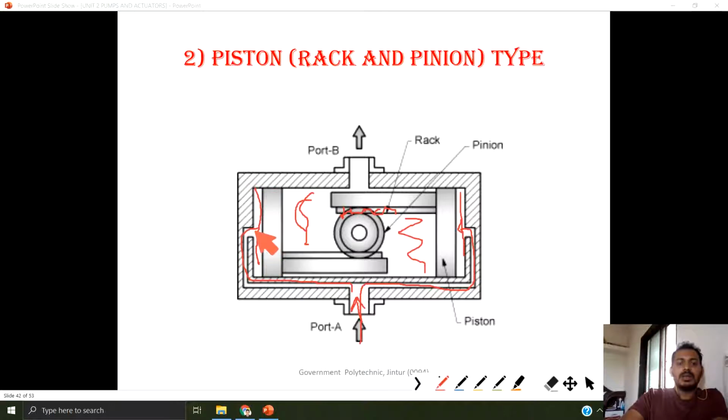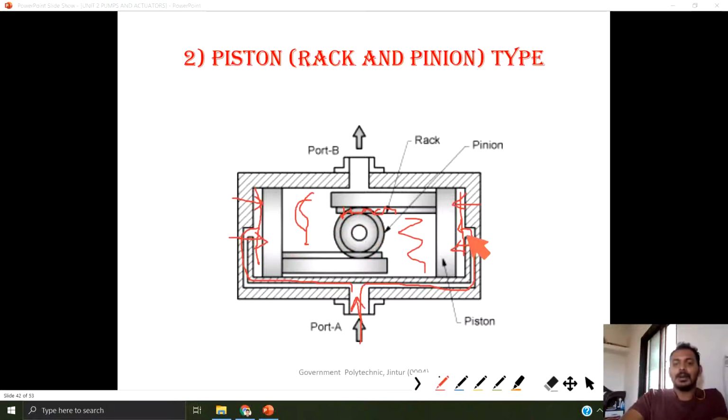Now pressurized fluid is available, so force is applied on this piston, and here also force is applied on this piston. Because of this force, this piston tries to move in the left direction, and this piston tries to move in the right direction. In between, the pinion is attached.